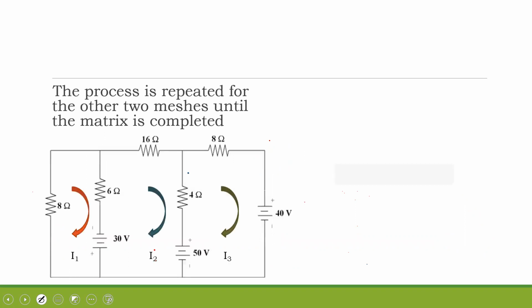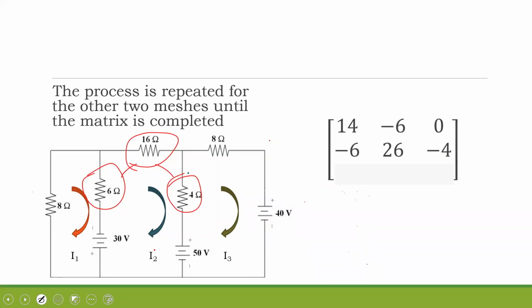So we repeat the process for the other 2 meshes. These 3 elements would therefore give us the second row. Between mesh 1 and 2, we have -6. Between mesh 2 and 3, we have -4.